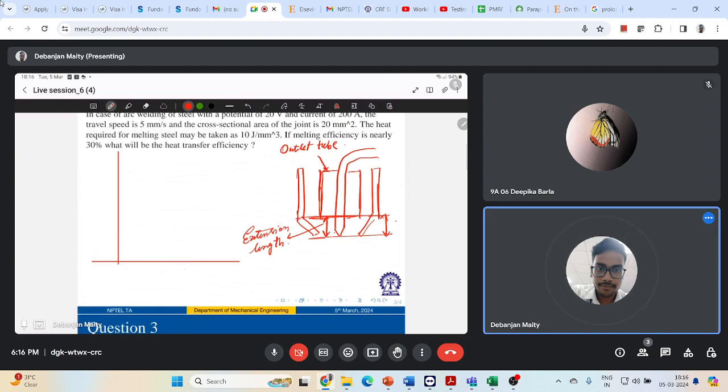Let's say this is my current and this is my drops per second, and let's say the characteristic is something like this. With increase of current, my rate of deposition increases.